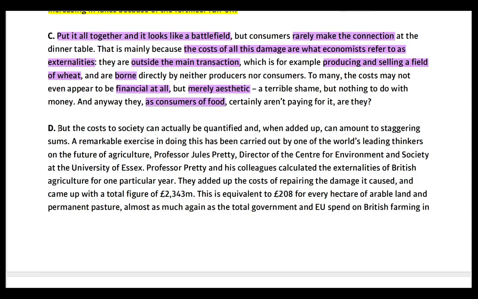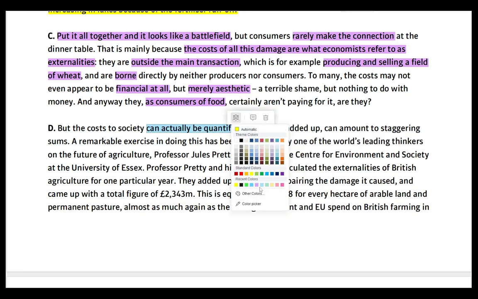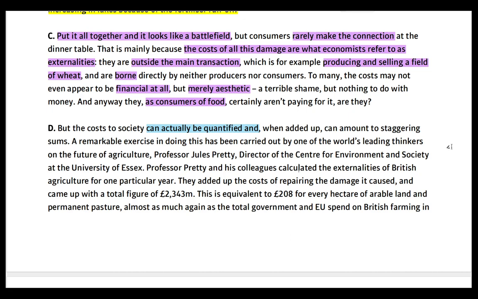But the cost to society can actually be quantified, and when added up, can amount to staggering sums. That means they are performing some sort of mathematics here.